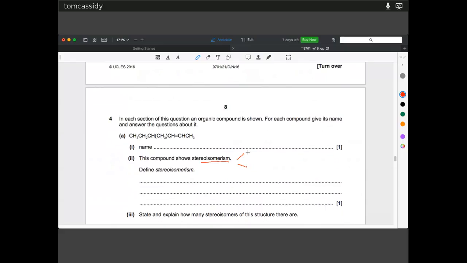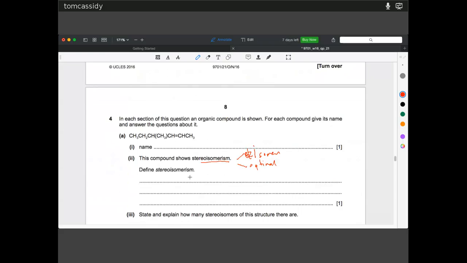One is so-called EZ isomers. Come on to those in a moment. And the other type is optical isomerism. So stereoisomerism is when you have 2 organic compounds.